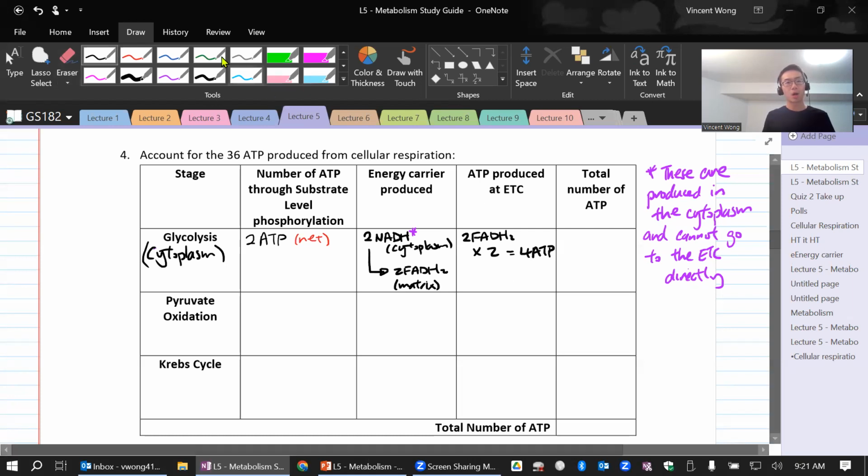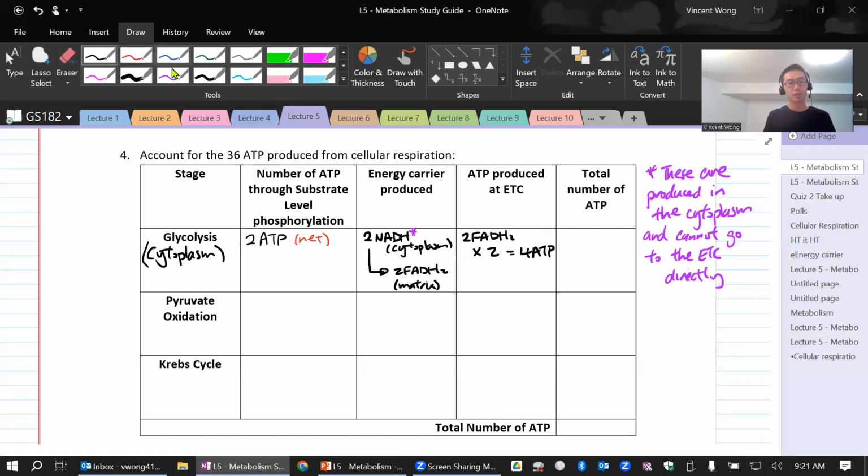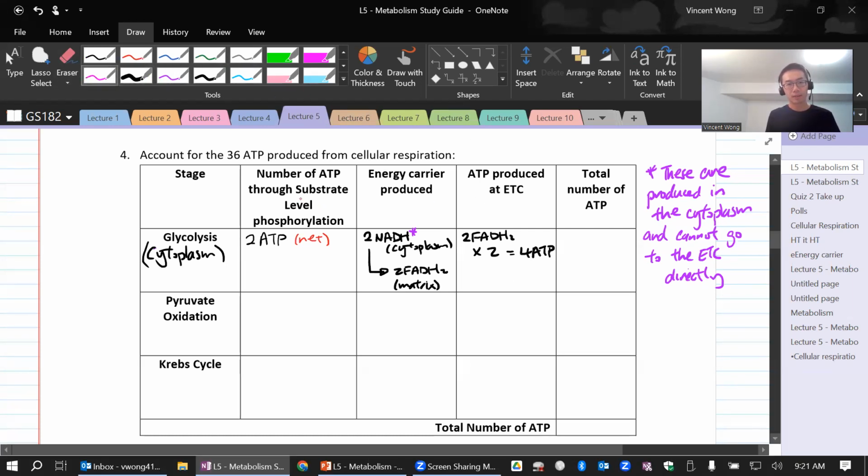So this is oxidative phosphorylation, right? Over here, that's substrate level phosphorylation. ATP at the ETC, that's called oxidative phosphorylation. So together, 4 plus 2 gives you 6 ATP.